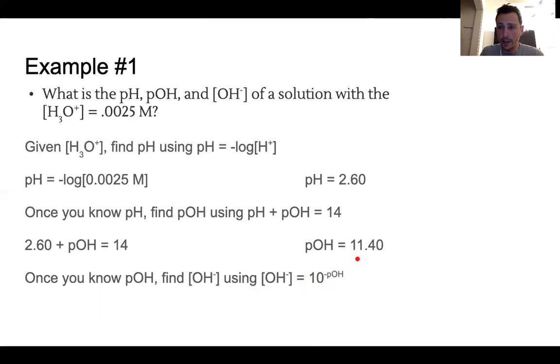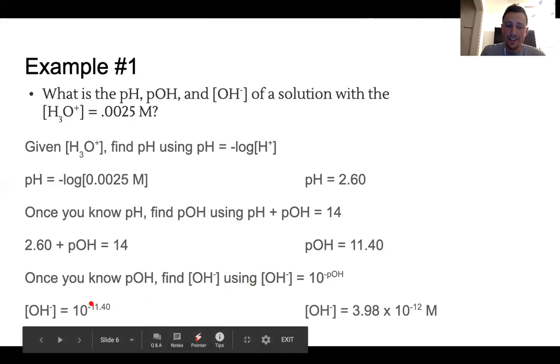Take a second, plug that in, see if you get the right answer. So you're raising 10 to a very, very negative power here, so you're going to get a very small number. Again, think back to scientific notation.